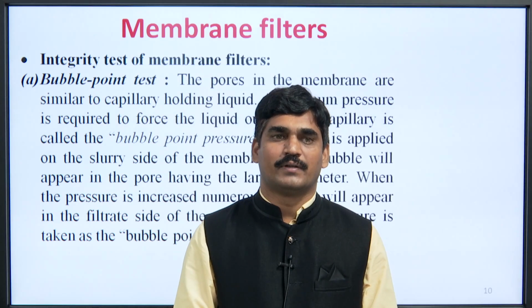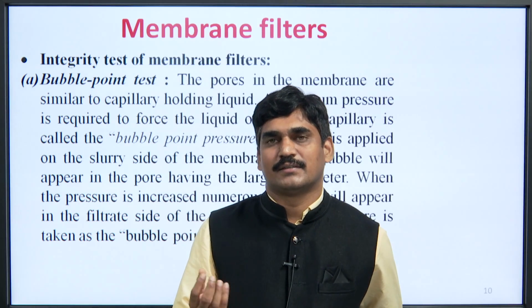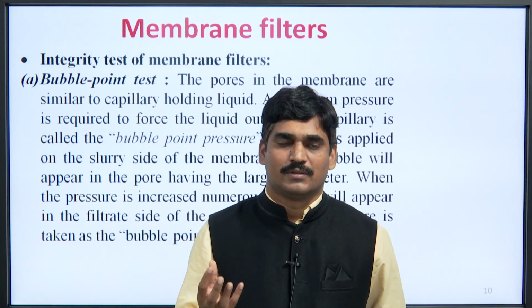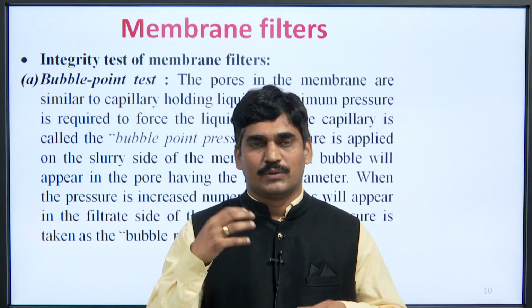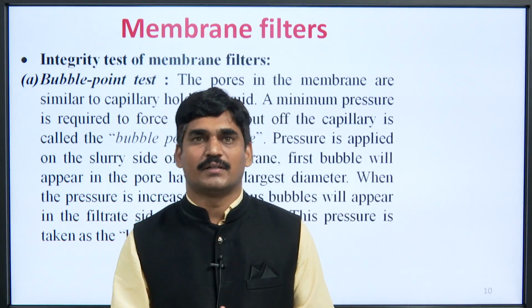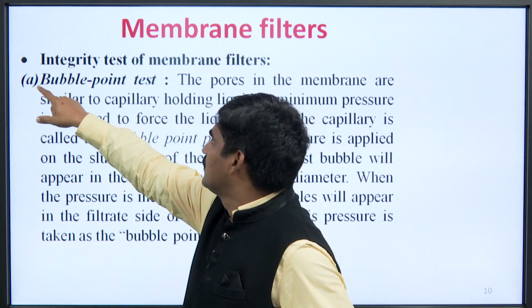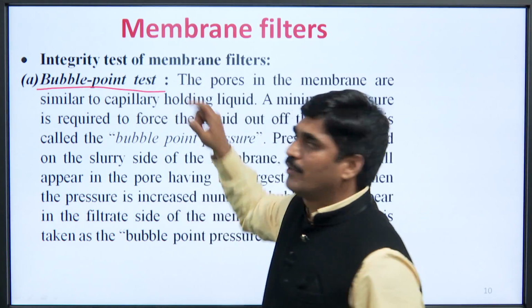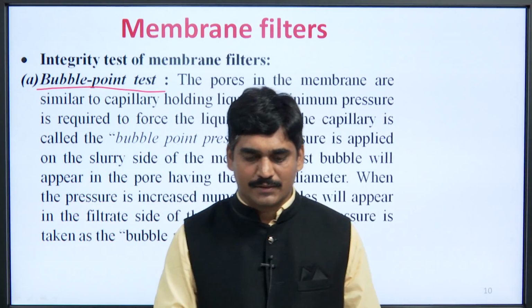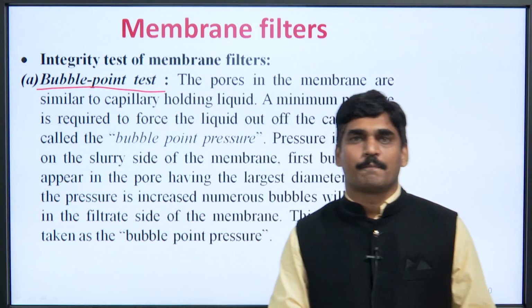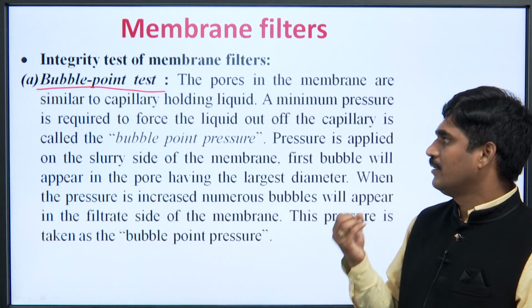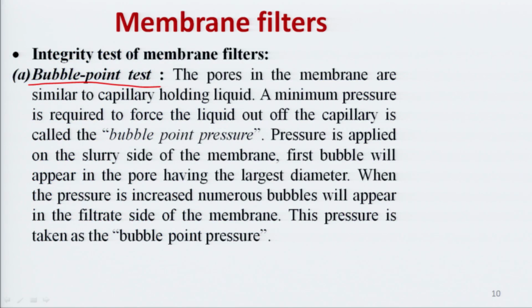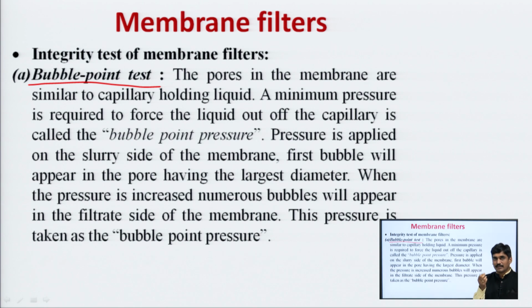Integrity test of membrane filters: since they are brittle in nature, there are chances that they may crack or be broken. So, to check the integrity of membrane filters, we perform two tests. The first one is the bubble point test. In this test, the pores in the membrane are similar to capillaries holding liquid. That means the pores present in membrane filters may hold some liquid, and this takes the principle of capillary action.